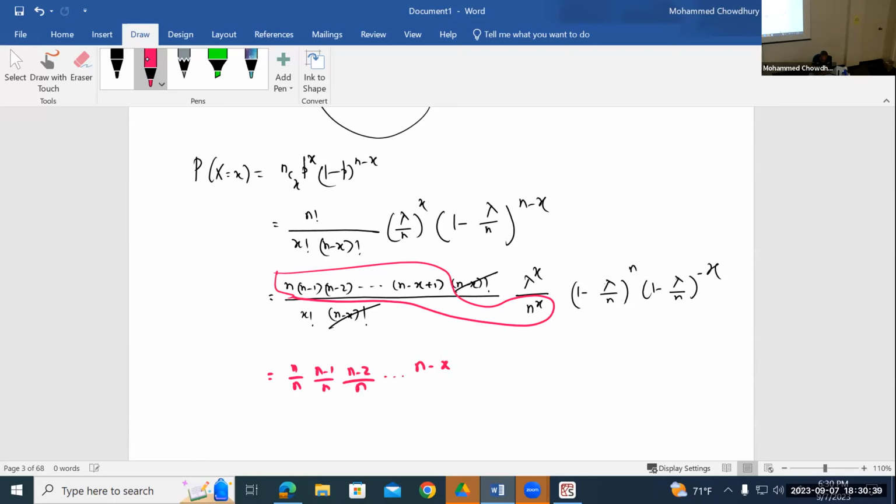If I take B to the power minus 1 over x, then it will be 1 minus lambda over n, like this, and that part is going to be 0. If you put the limit as n goes to infinity, B to the power 1 over x equals 1, and that part will be 0.